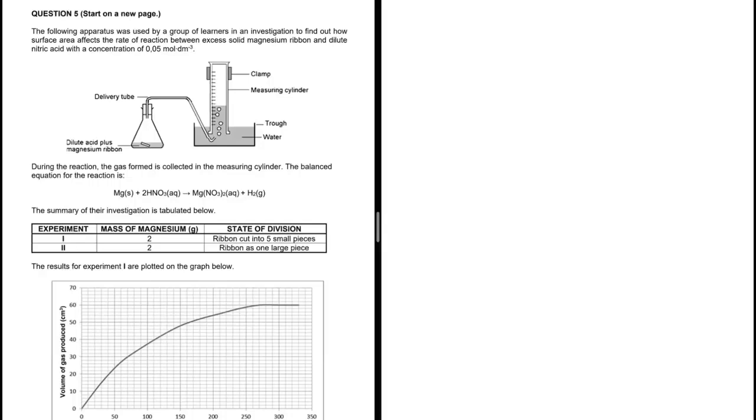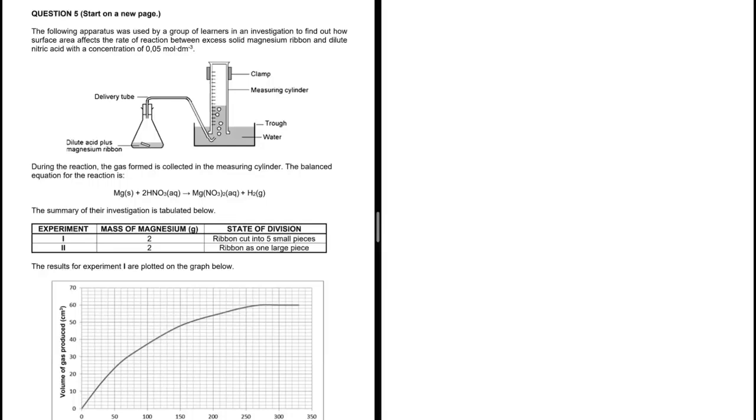That is 0.2. So we have 0.2 centimeter cube per second. There we go. That is the average rate between those 2 points. Okay. That is question 5.3.